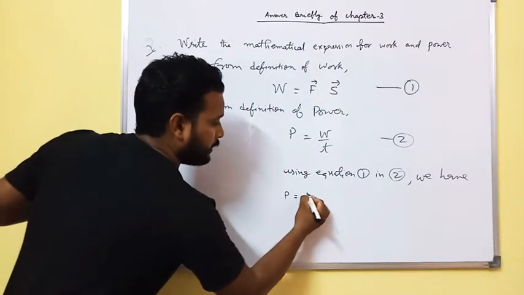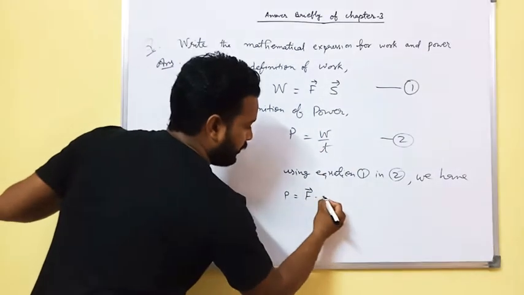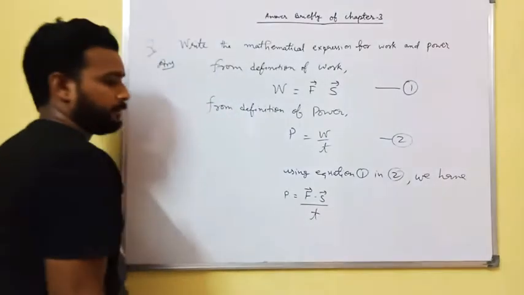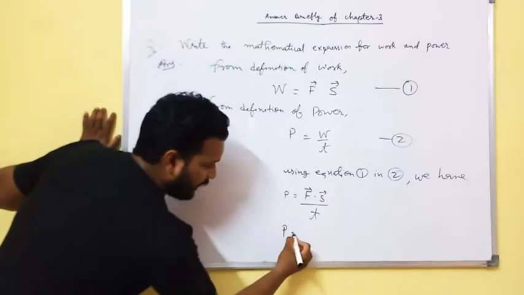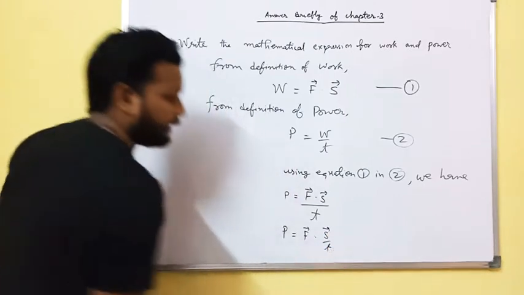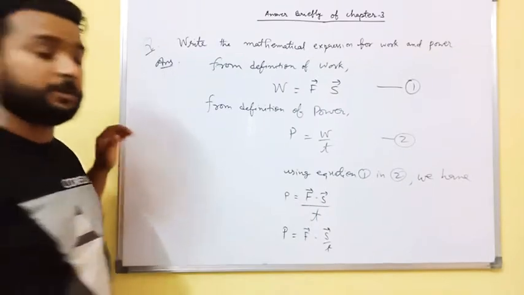P equals W by T and W equals F into S, force into displacement divided by time. But we can also write P equals force into displacement upon time, and displacement upon time is velocity, the rate of change of displacement.